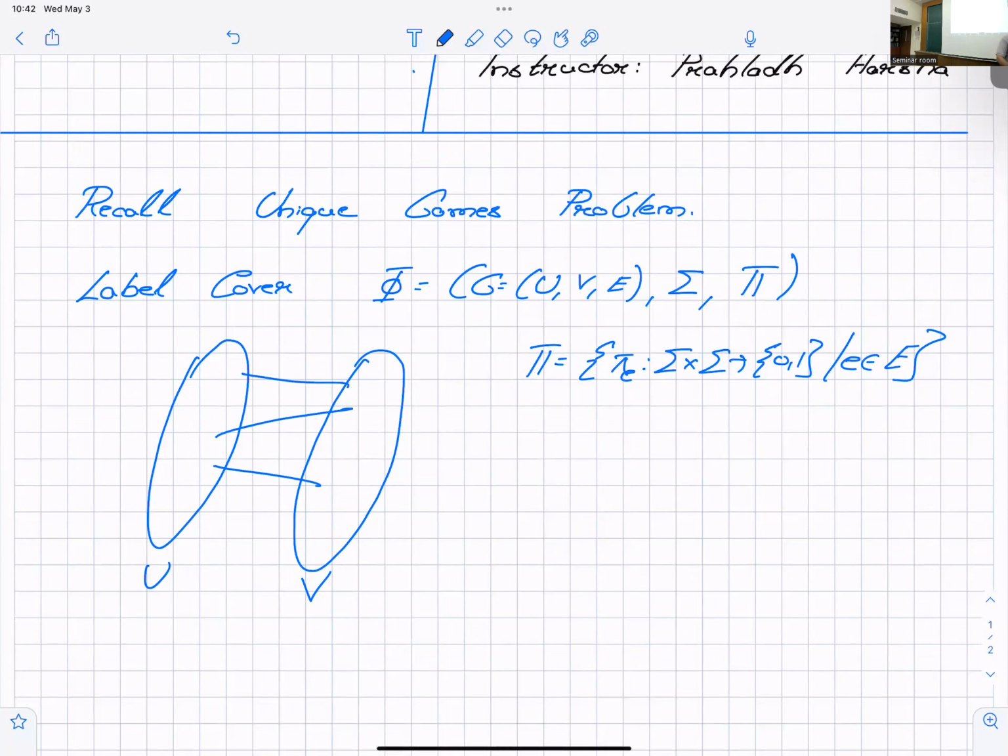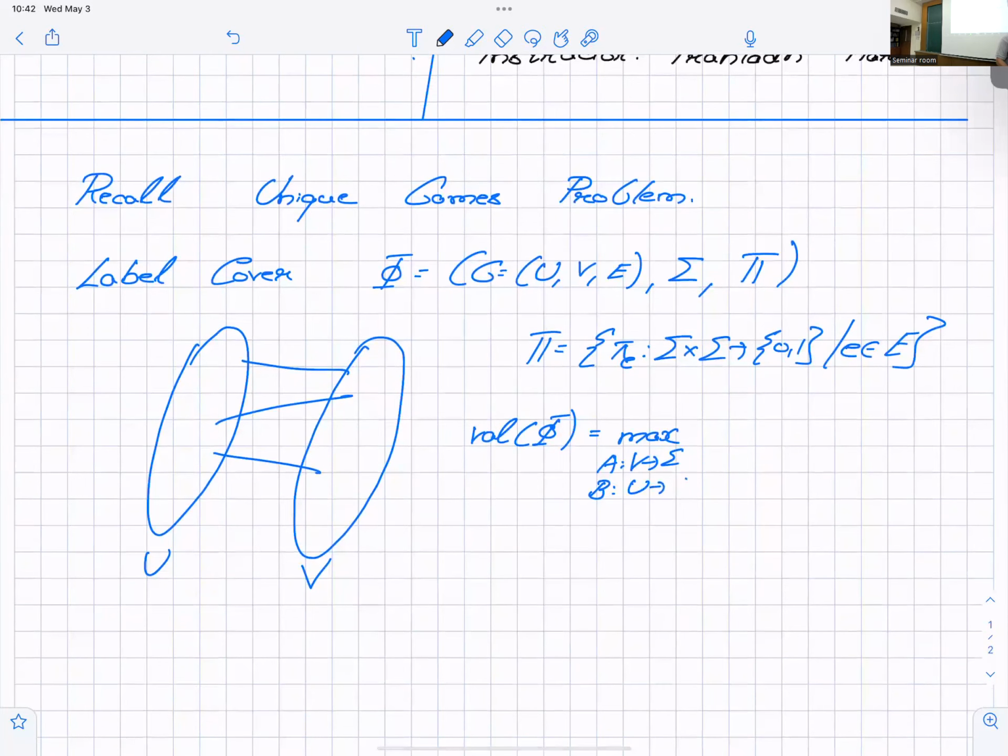And the value of the instance is the max over all assignments to the vertices, going from U union V to sigma, of the probability that, when you pick a random edge UV, phi_e of A_U comma A_V is satisfied.